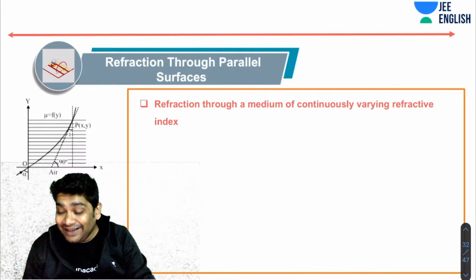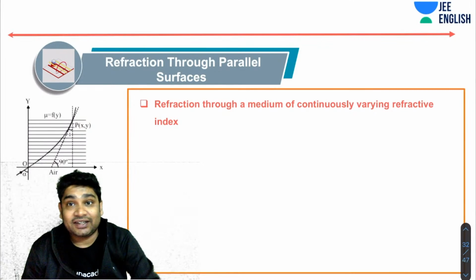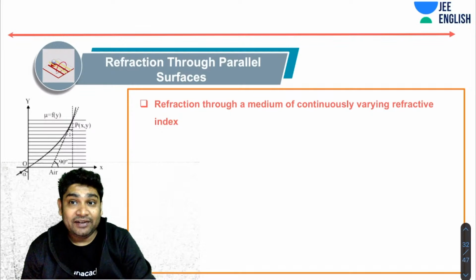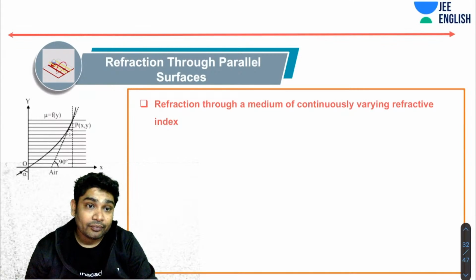Next, you have a typical problem where you have to find the equation of trajectory, where you have a medium which has a refractive index that is continuously varying.